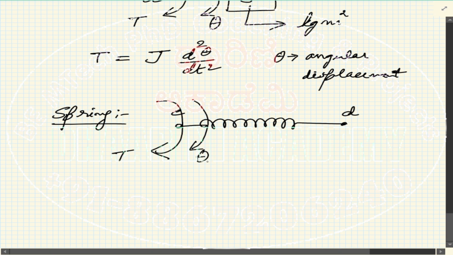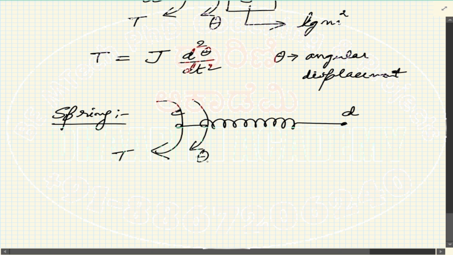Once again we have a spring constant k, but this k controls the amount of rotation, not the amount of linear motion. So I should be able to write an equation for torque in the same fashion as we did earlier.